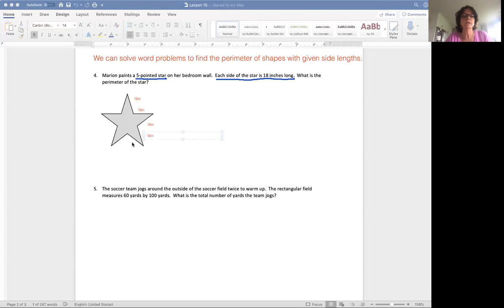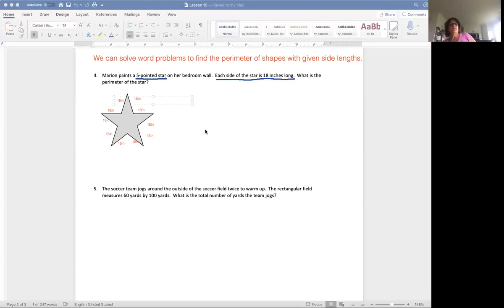Another 18 inches. Here's another side right here. Oh my goodness, a lot of sides to this star. Another one right here, 18 inches. Another one here. I've got these 2 left, 18 inches, and this one here, 18 inches.